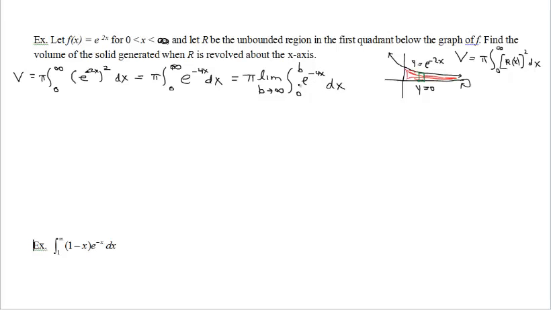Okay, so to evaluate this integral, we might want to use u-substitution. u is going to be the exponent, so u is going to be negative 4x, and du would be negative 4 dx. So I'm going to have to bring in a negative 4 and pull out a negative 1/4. And when I pull out the negative 1/4, I'm going to put it over here by the constant pi.